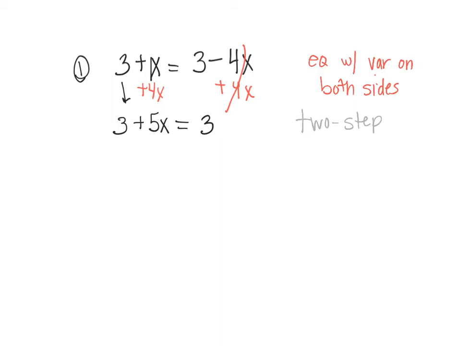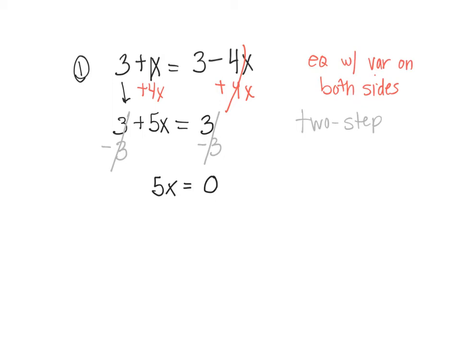I'm going to look at this 3 that is positive, and I'm going to subtract 3 from both sides. What's going to happen is this constant is going to cancel out. It's going to leave me with 5x. But over here, this constant is also going to cancel out, and it's going to leave me with 0.